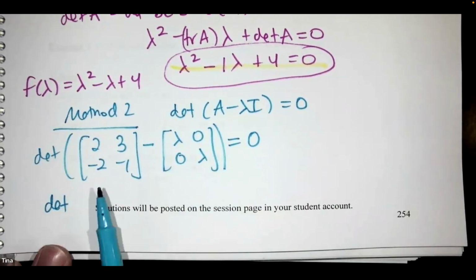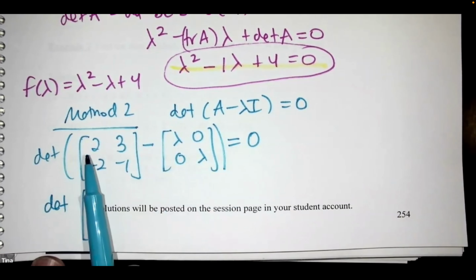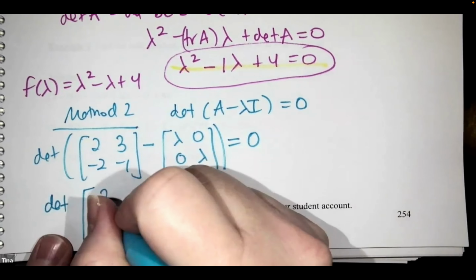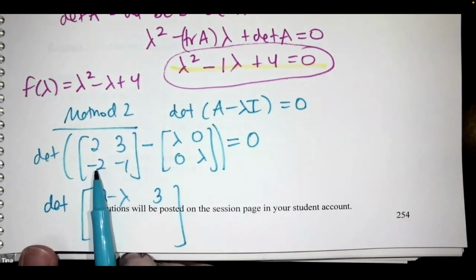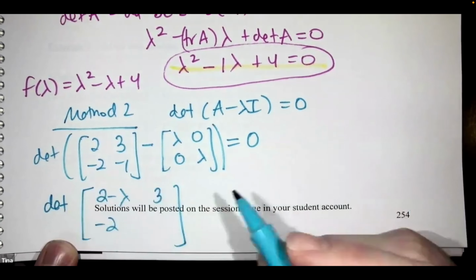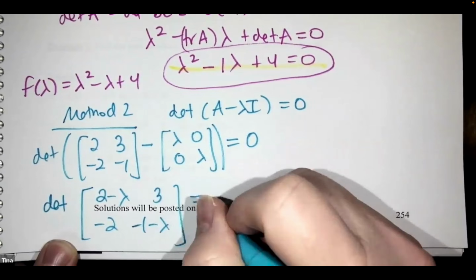So what would our det be here? Well, a matrix minus a matrix, so just subtract the numbers in the same spot. So 2 minus lambda. 3 minus 0 is 3. Negative 2 minus 0 is negative 2. And negative 1 minus lambda is there.